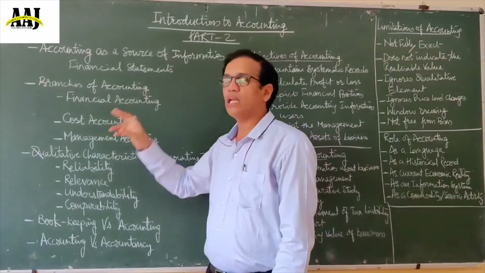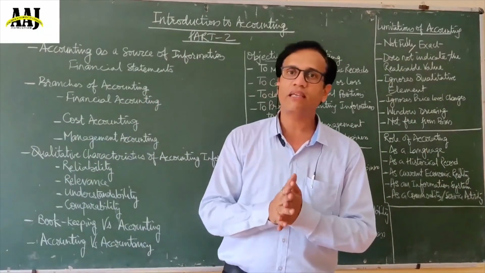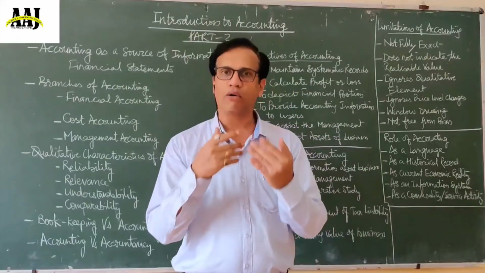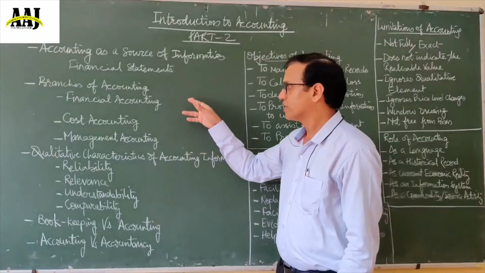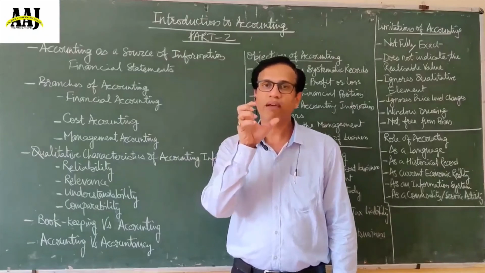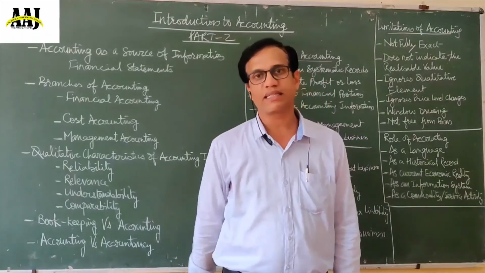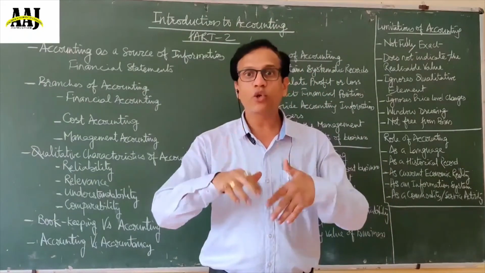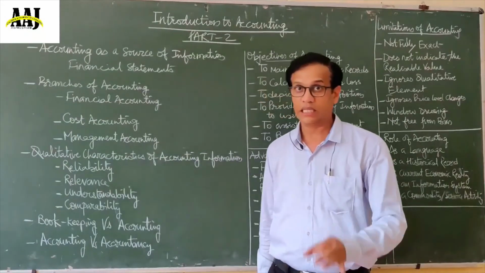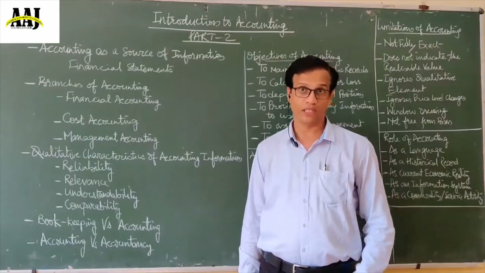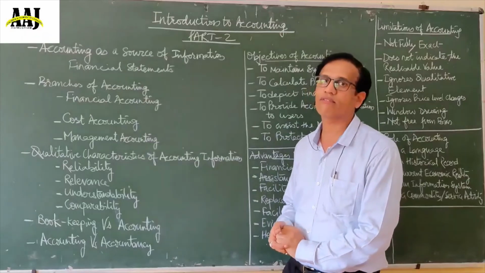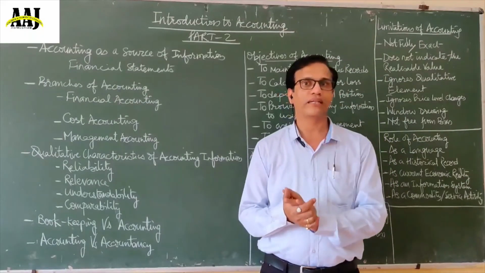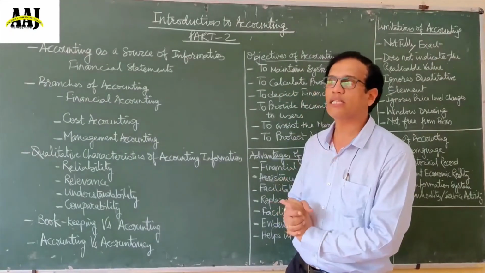Then the accounting information provided by financial accounting should have some qualitative characteristics. That means what sort of information it should be. Should it carry some qualities? Yes, of course, it should have some qualitative features in it. And what are those qualitative features?